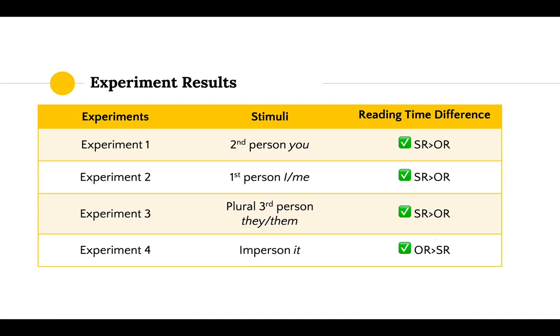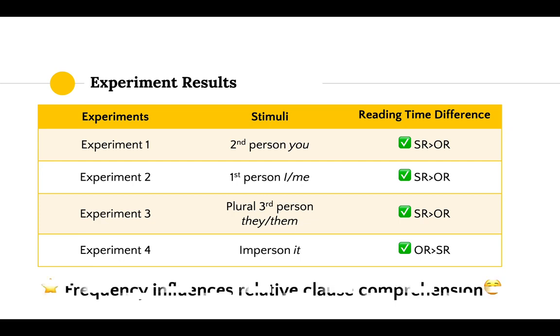And things become quite opposite when the embedded pronoun is the impersonal, because we can see here that the reading times for object-relative clauses are much more than subject-relative ones. And this trend corresponds with the distribution information that we have mentioned in our previous slide. So the result strongly supports the experience-based approach because statistical regularities, in other words frequency, may influence sentence comprehension.